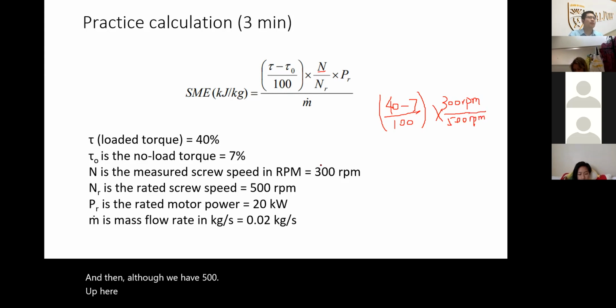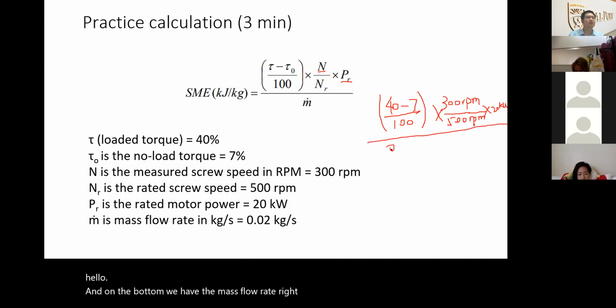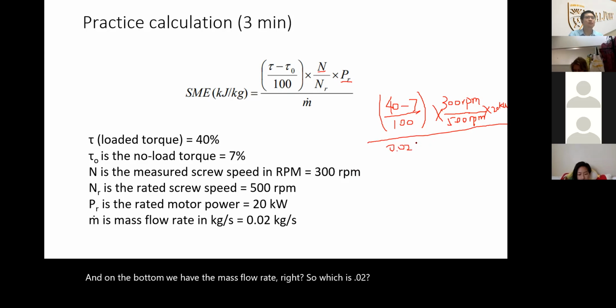And then we plug in our power. Our rated power is 20 kilowatts. And on the bottom, we have the mass flow rate, which is 0.02 kilogram per second.